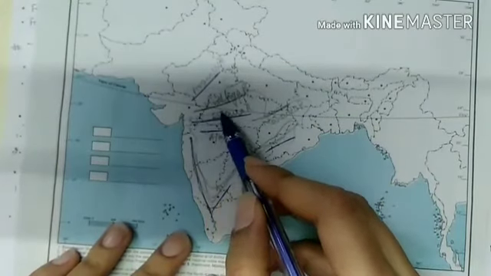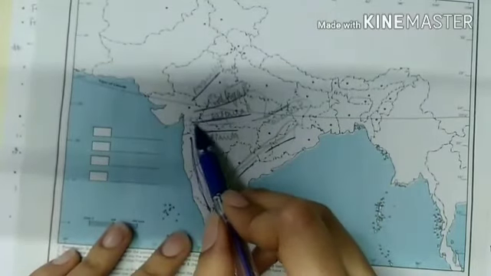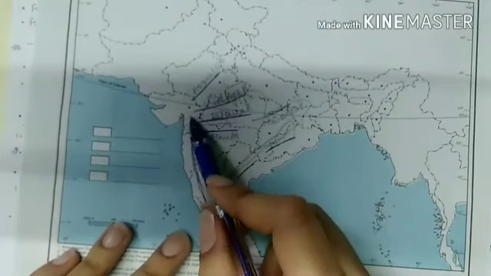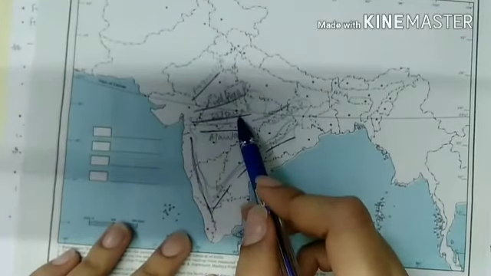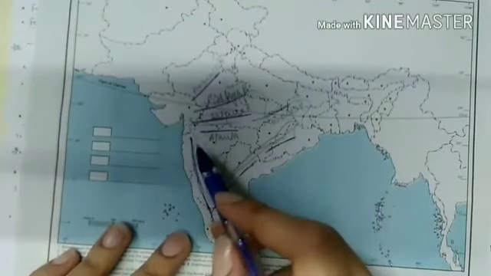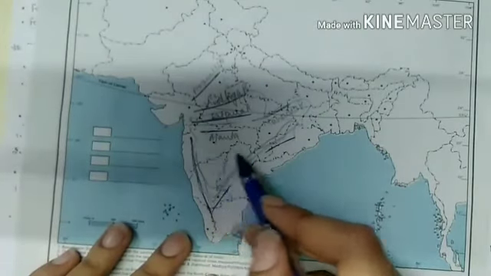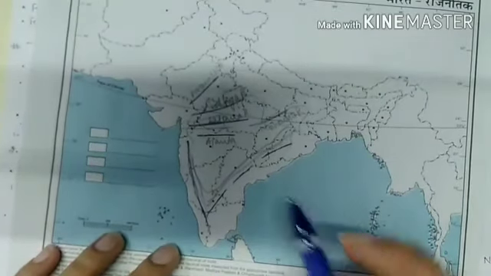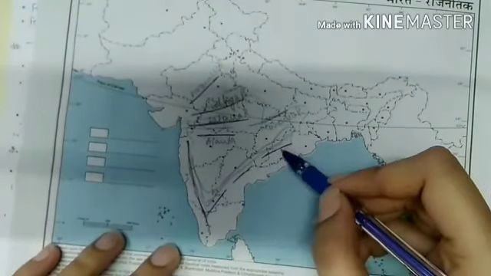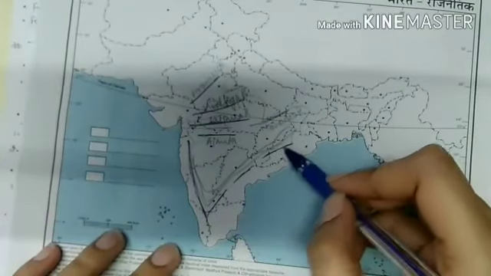Here we have the Narmada River, this is the Tapi River, and the Satpura ranges run parallel to these rivers in between them. Here we have Godavari, Krishna, Kaveri. So these are the Western Ghats and Eastern Ghats.